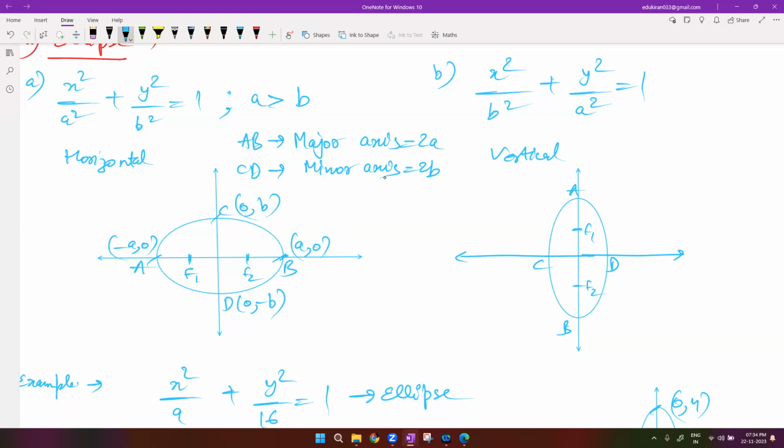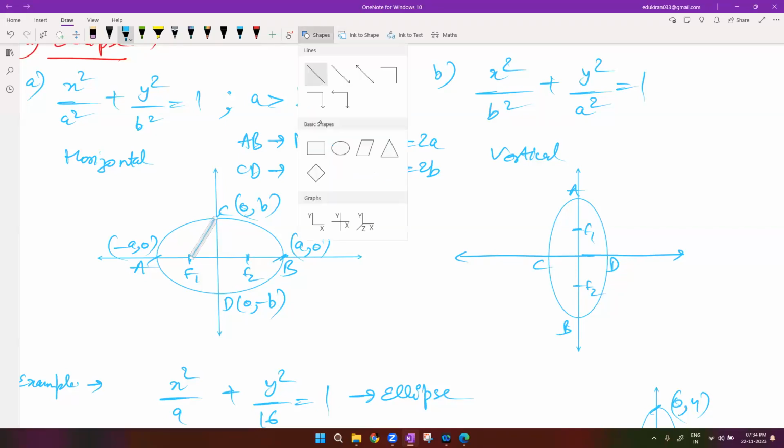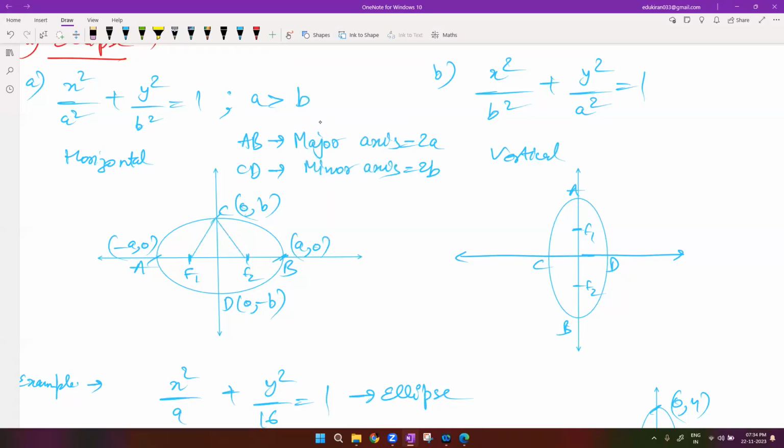So for example, in this case, if I take any point on the ellipse, let's take this point C. A, B, C, D, all 4 points lie on the ellipse, right? And these F1 and F2 are the focuses. So if I take any of these points, let's take C, and calculate the distances CF1 and CF2, this is the distance that I'm talking about right now. If I find CF1 and CF2, their sum will be some value.